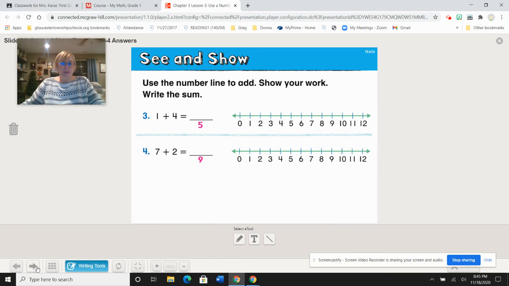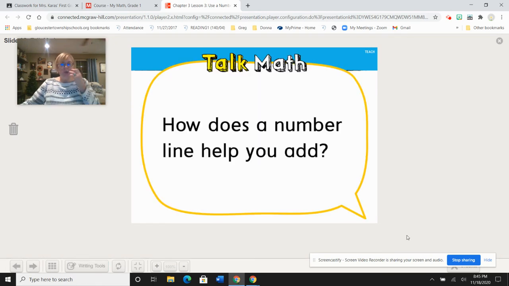Before we go on, let's talk about how a number line helps you add. How did that help you add the past few ones you did? Yeah, because you're counting. So it helps you count and get your sum. Now, I know some of you are saying, I already know what 1 plus 4 is, or I already know what 5 plus 3 is.